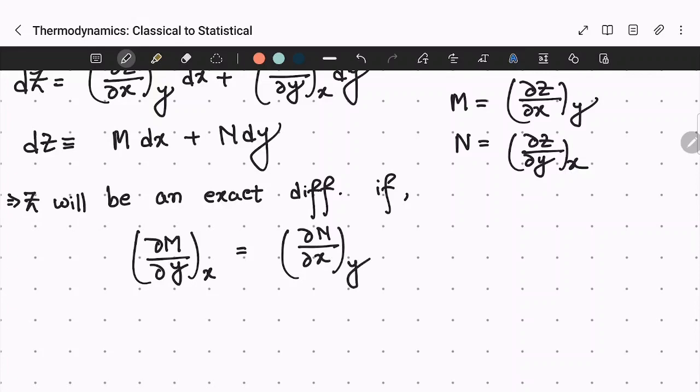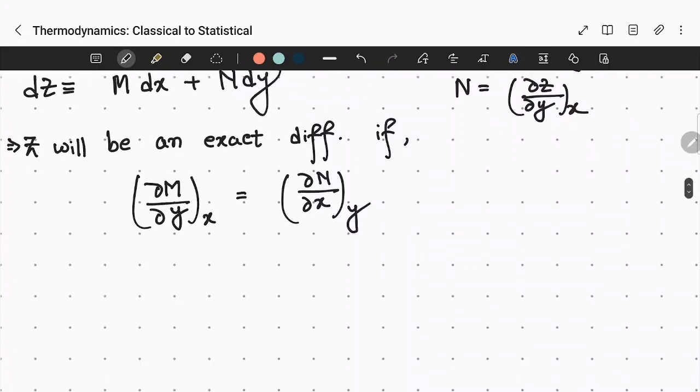So this is the condition. Okay, so we can also write it.